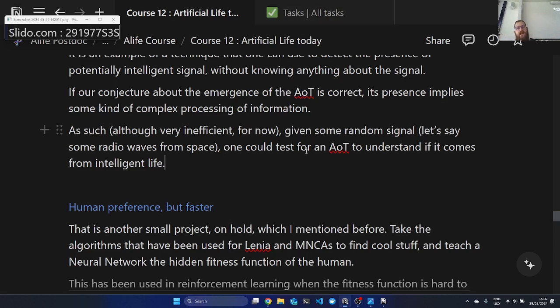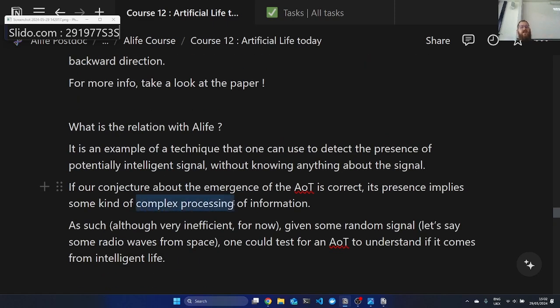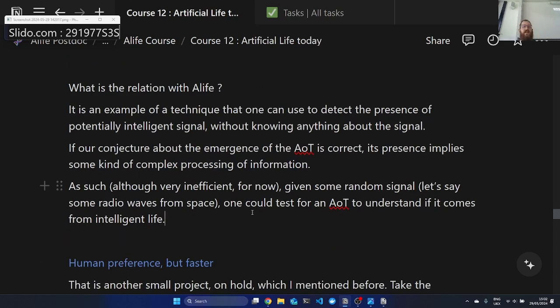You could test for the presence of an arrow of time, and if it is related to complex processing of information, then you might detect whether it contains some intelligence behind it. These are the kinds of ideas we would like to apply to find complexity: you don't know anything about the signal, but you can still extract something using machine learning methods on it, right?